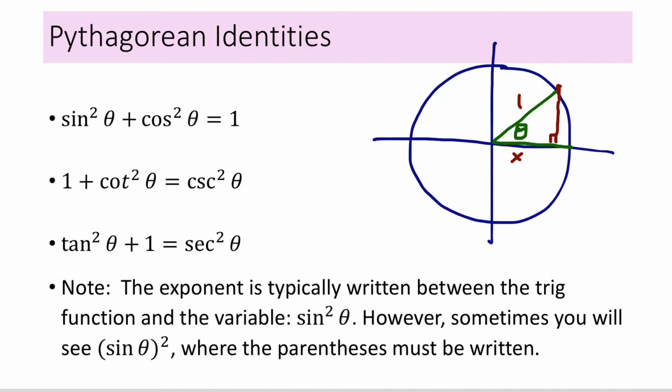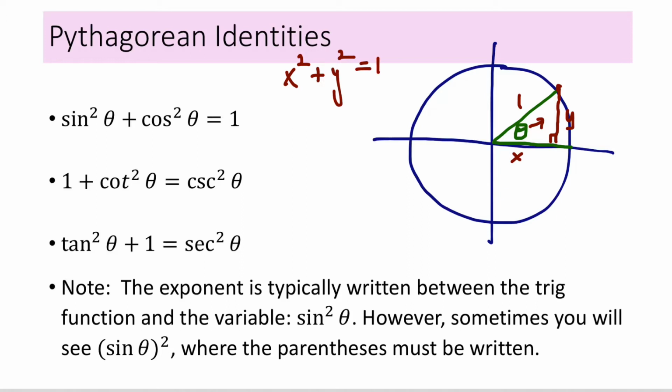And then I'll have a y distance here, which is the opposite side to the angle theta, if we're considering that theta is our reference angle. So now we can say that x squared plus y squared is equal to 1 squared, and 1 squared is just 1. Okay, so that's the Pythagorean theorem for that triangle.